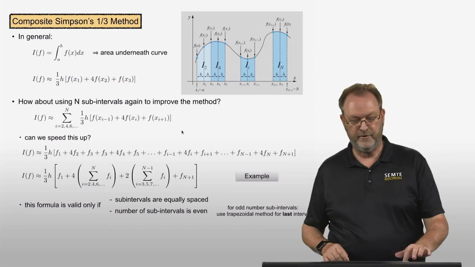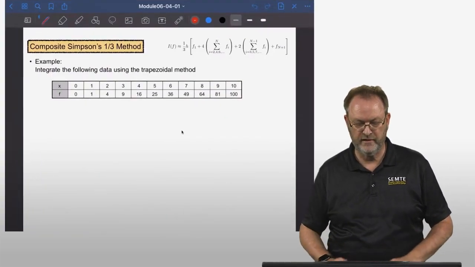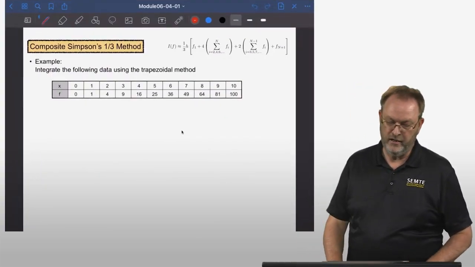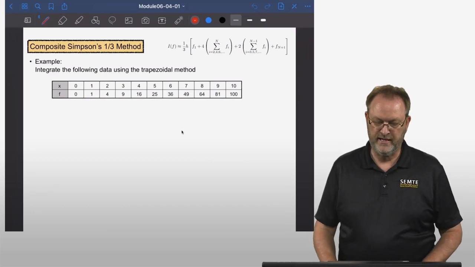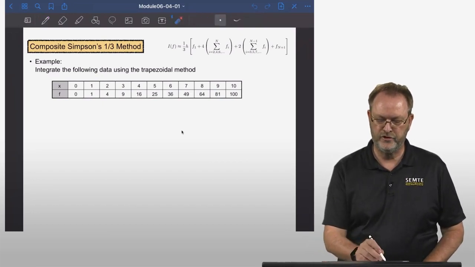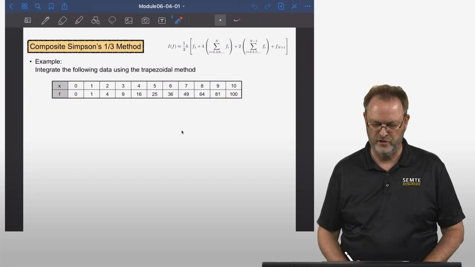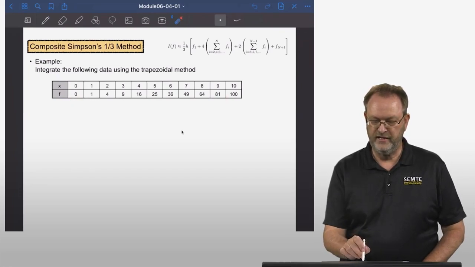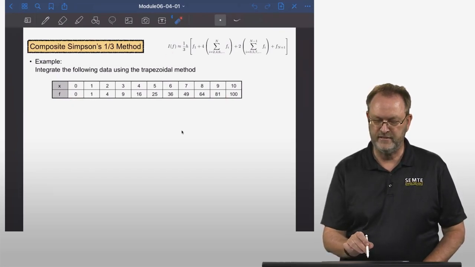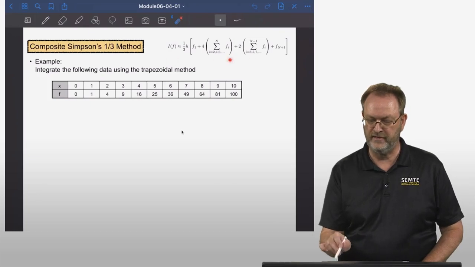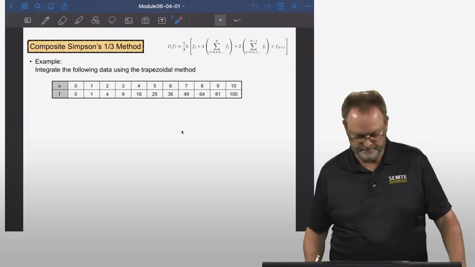Okay, let's do an example for this. So here is the data again for the example. We have x values and the corresponding f values. And we want to evaluate the integral of f of x dx using Simpson's 1/3 method, which I copied over here.